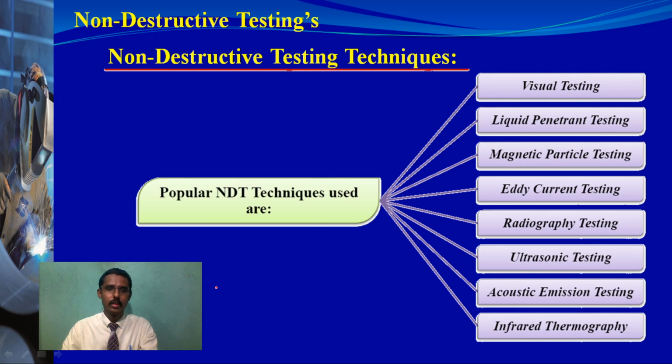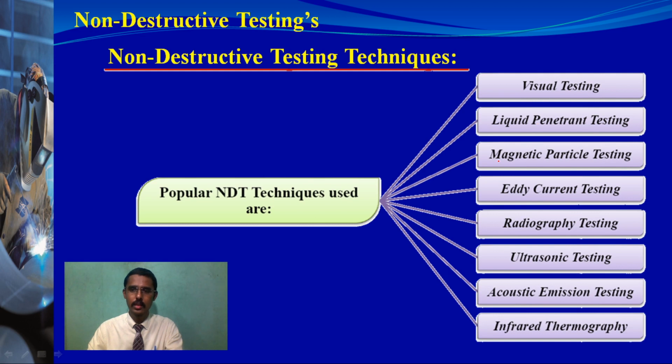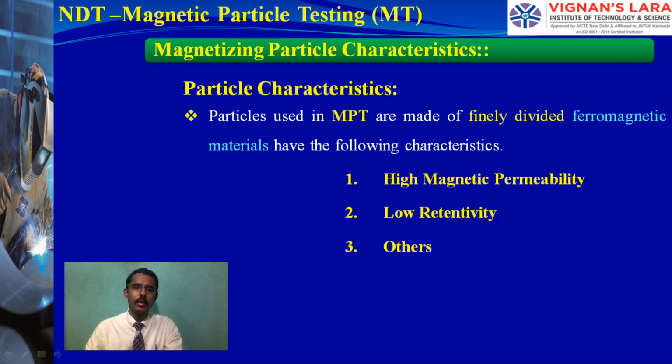So, in the most common NDT methods, as of now we are studying about magnetic particle testing. Here, as of now, we have covered the procedures and the introduction of the magnetic field.